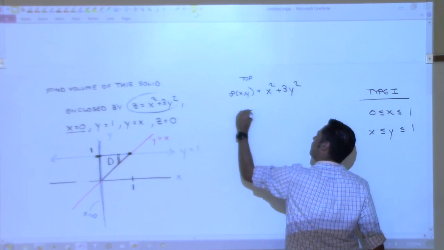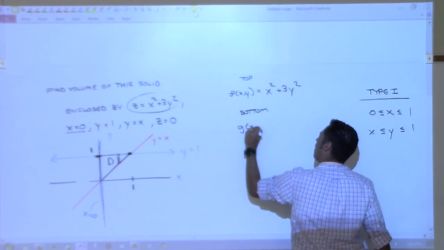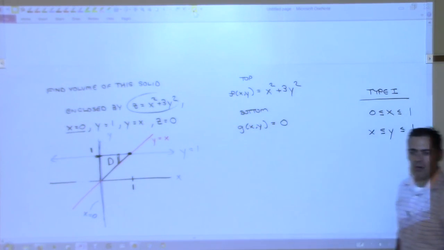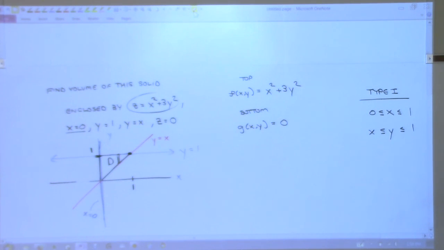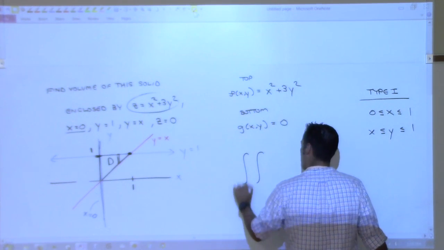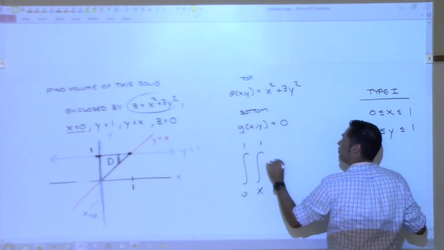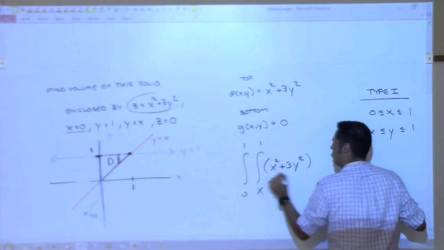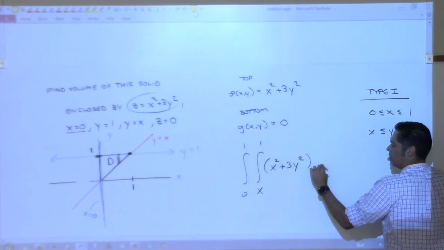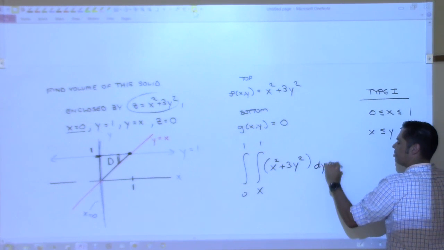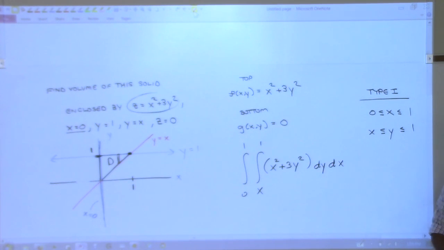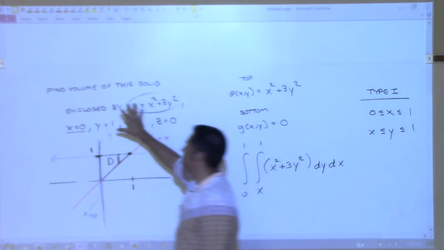And then the bottom is going to be g of xy, which for us is just z equals 0. So that's everything we need to set up the double integral. 0 to 1 here, x to 1 here, top minus bottom, dy dx. There it is. That double integral represents the volume between all of these surfaces. All right?